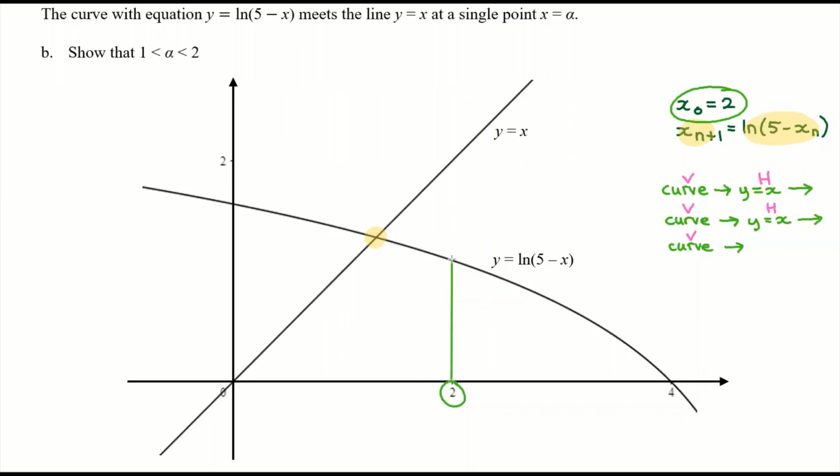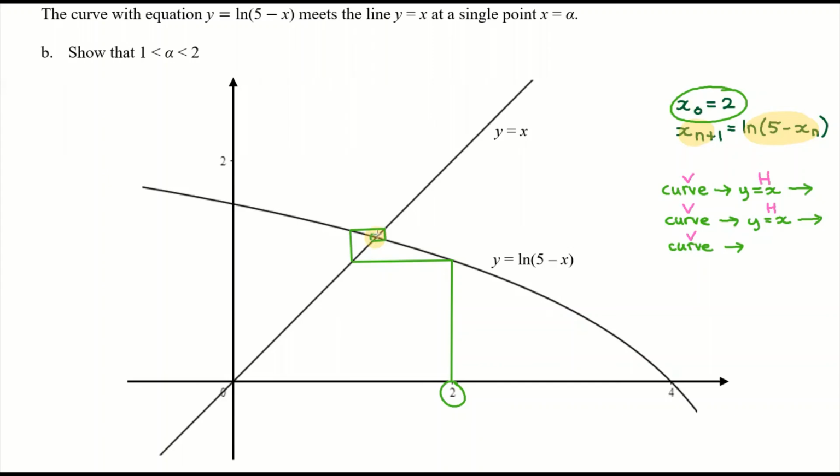Now we have to draw a horizontal line to the line y equals x. So I'll stick with the same color. So I've got to go to the left this time. So it's going to be there. Now I go a vertical line to the curve and horizontal line to y equals x. Vertical line to the curve, horizontal line to y equals x, and isn't that nice?